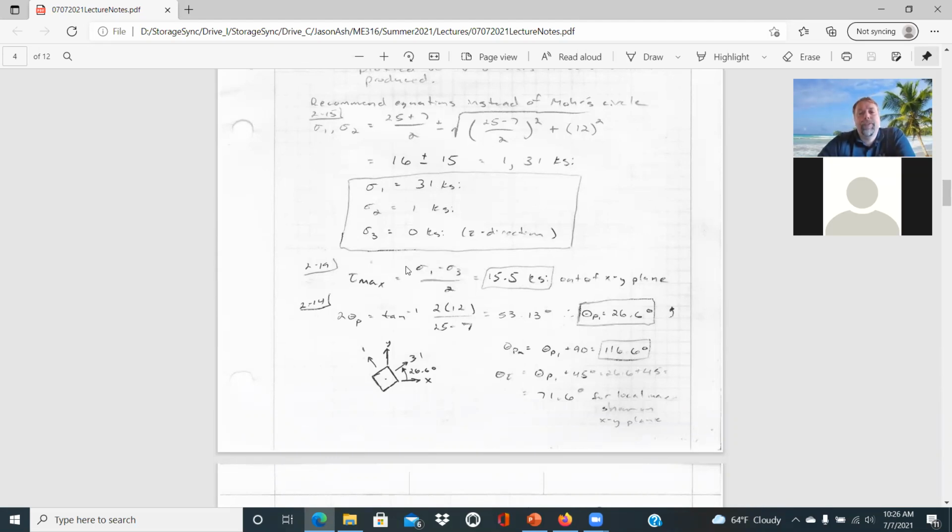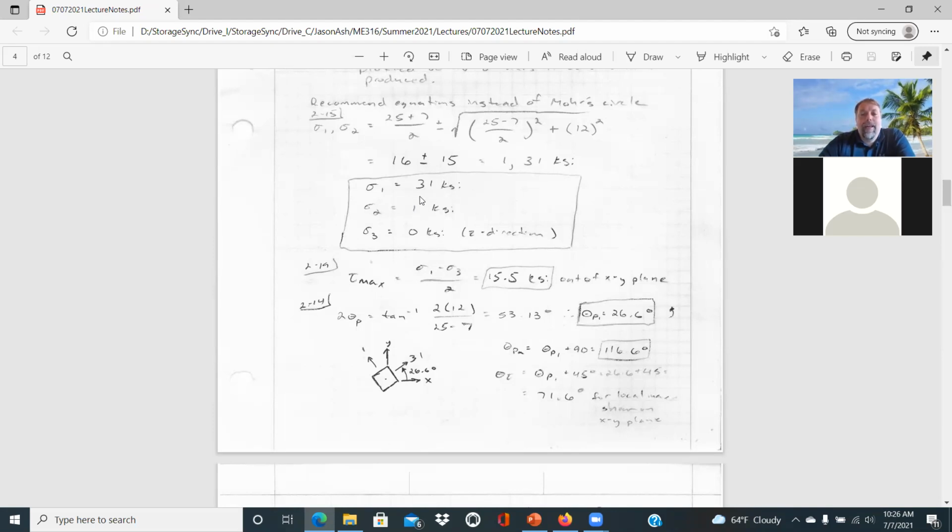But the maximum shear stress then is 31 KSI minus 0 KSI divided by 2, which will give us 15.5 KSI. If you were to just look at the stresses on the XY plane, that would be 31 minus 1, give you 30, divided by 2 would be 15 KSI.